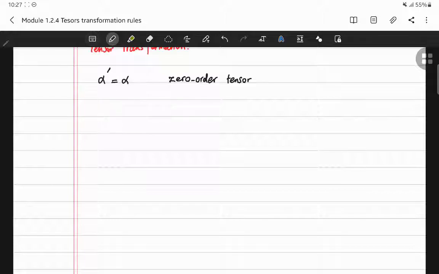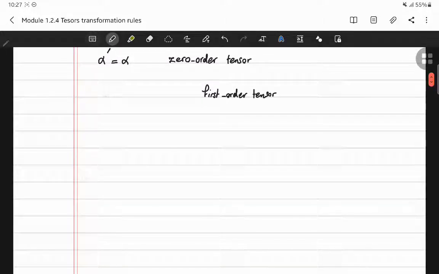So for a first order tensor, which is obviously a vector, we have, for example, something like a prime, and we already mentioned that it is Q_mi a_m, where this was the transpose of the orthogonal tensor. So we transform this a_m to the primed coordinate using this orthogonal tensor here.